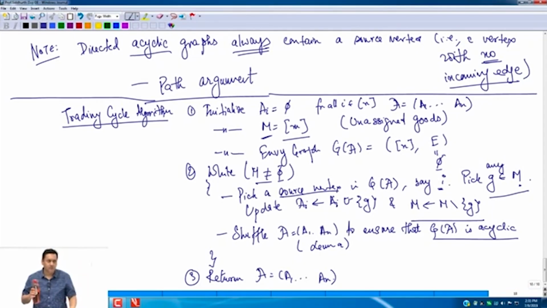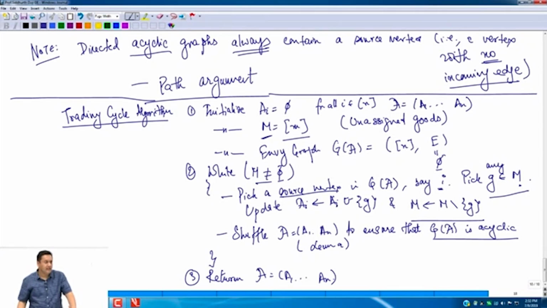Why is this going to run in polytime? There are m goods, so linear in the size of the input.